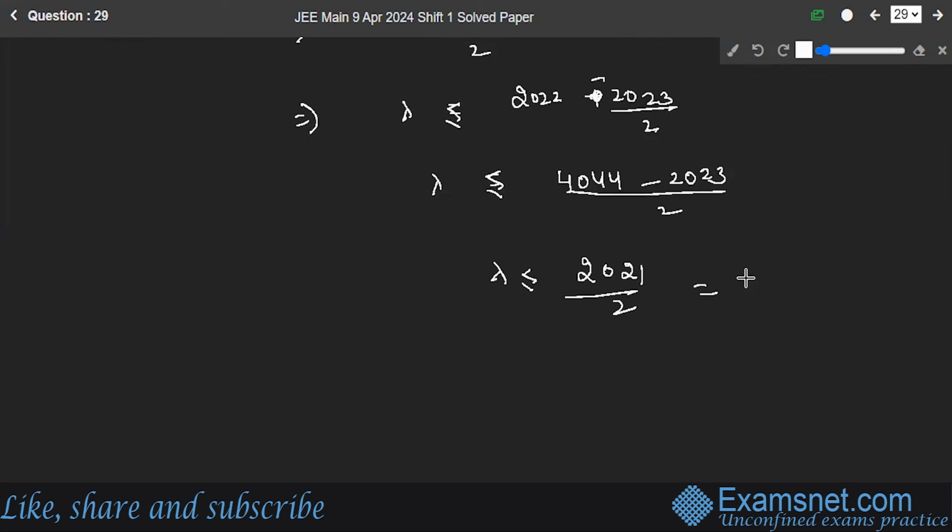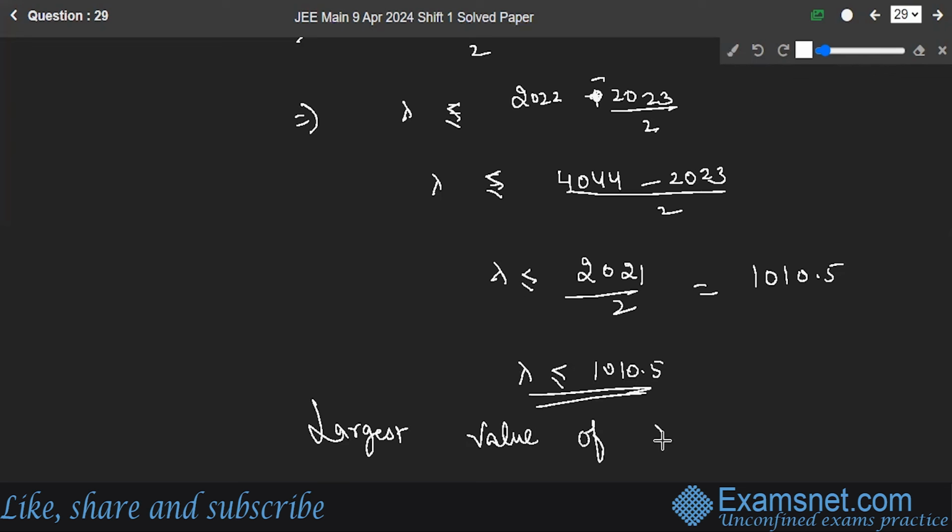That is equal to 1010.5. So lambda is less than or equal to 1010.5. So the largest value lambda can have is 1010. This is the answer to the question.